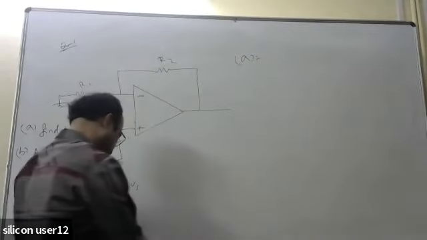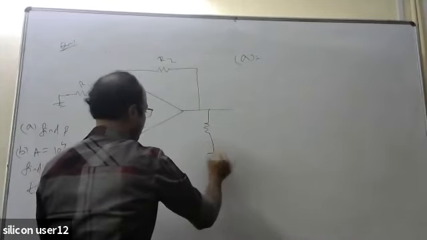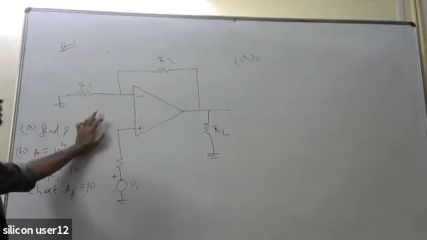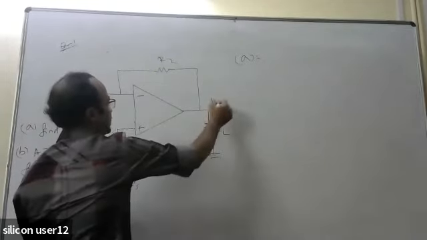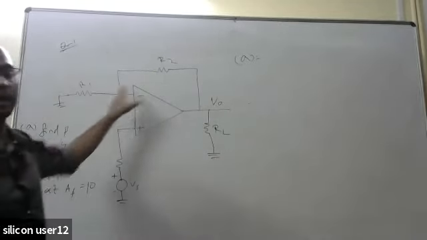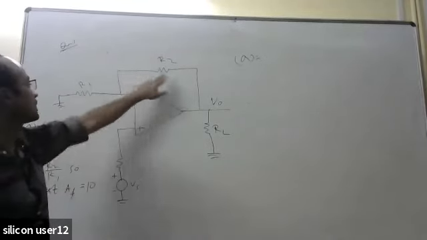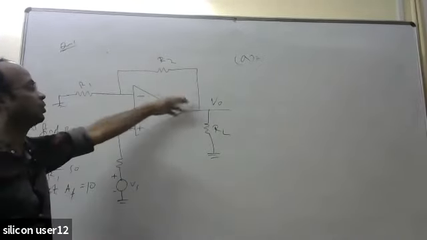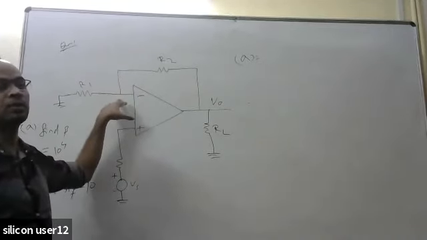So beta is what? Beta is the portion which is actually fed back to the input signal. So here you have to find beta in terms of R2 and R1. Whatever output V0 you are getting here, some portion of it is given as feedback through this feedback network of R2 and R1. How much of this V0 we are applying to the input as feedback, that is your beta.